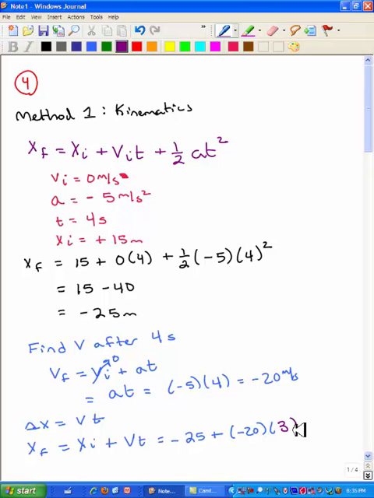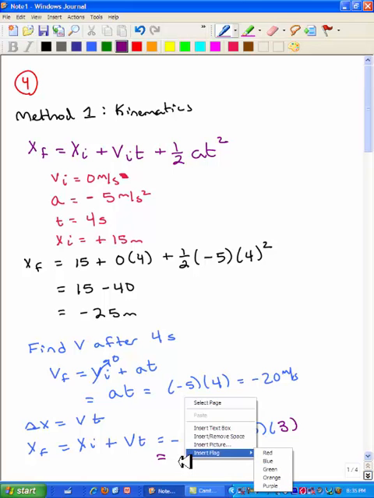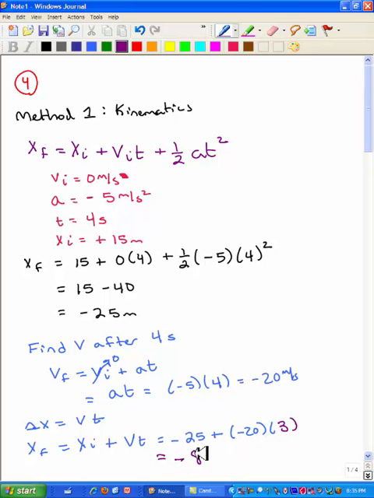Okay, remember it's 3 because we're looking at the time frame between 4 and 7. That's only 3 seconds. When you do the math, you get negative 25 plus a negative 60, or negative 85 meters.